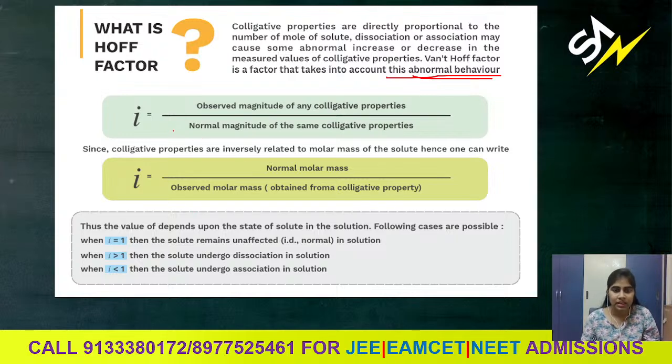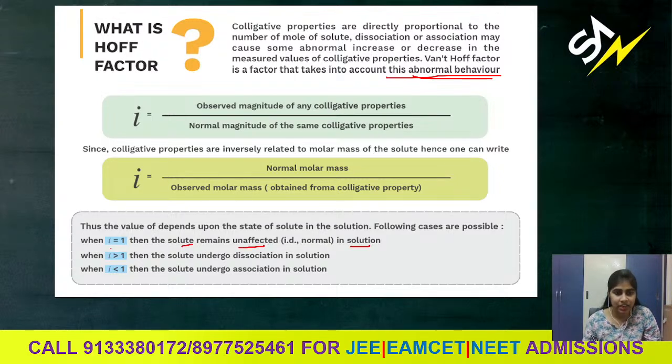So this is the definition of Van 't Hoff's factor, and thus you can observe here, when the value of Van 't Hoff's factor i is equal to 1, then the solute remains unaffected in the solution.